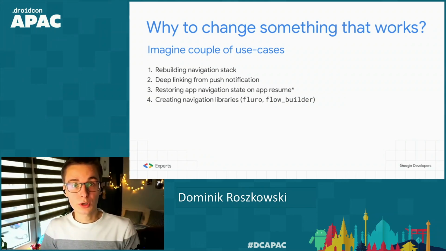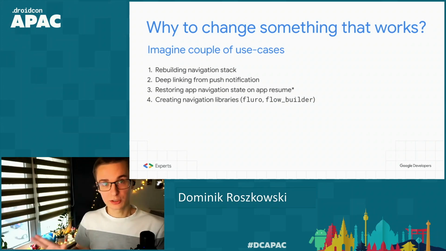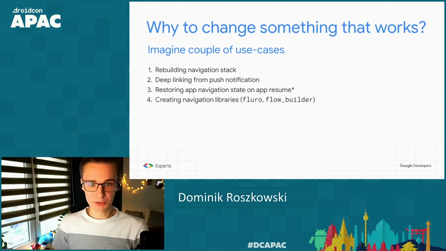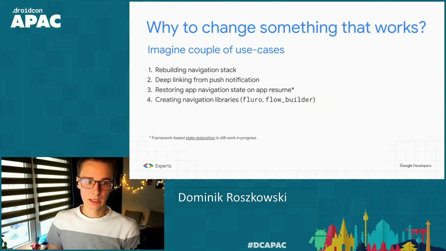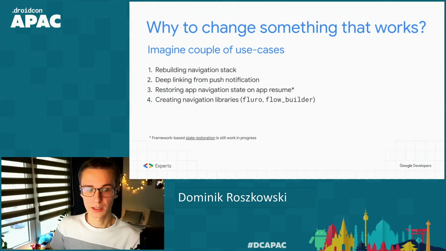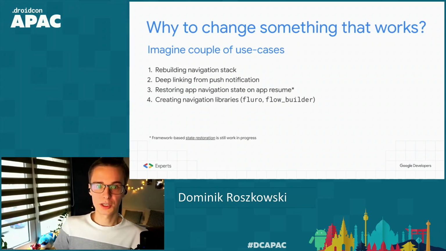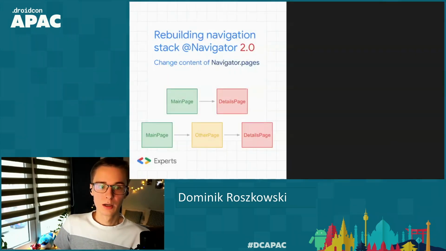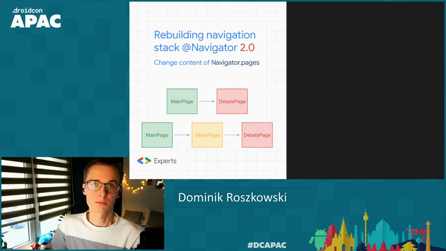But if you want, you can also just handle this through some of the navigation libraries. So the state restoration will come soon into Flutter, and then you won't have to do it through the navigation libraries.